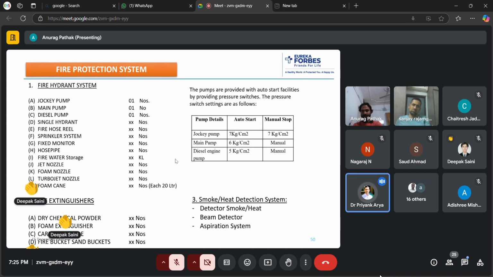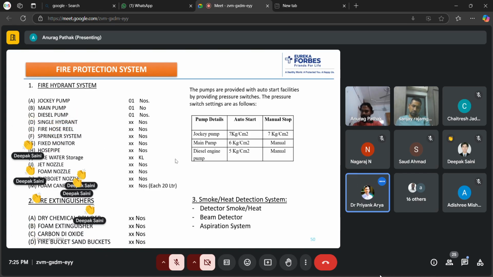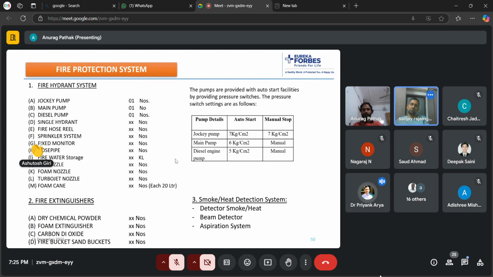Agreed, sir. All the approvals are now interconnected. If you are going to set up a fresh plant, greenfield plant, or brownfield projects, fire NOC is a mandatory activity. Without fire NOC, they will not issue your consent even. Agreed, sir.